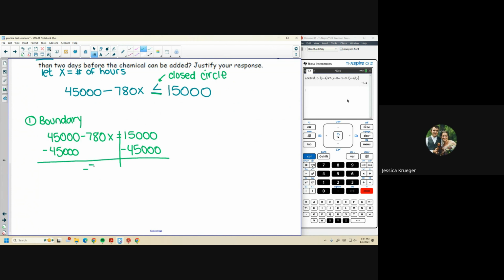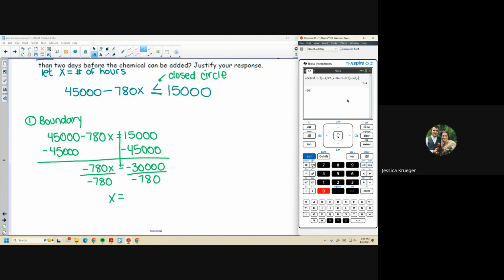That gives me negative 780X equals negative 30,000. And then I can divide both sides by negative 780. And that gives me X equals, I'm going to do negative 30,000 divided by negative 780.